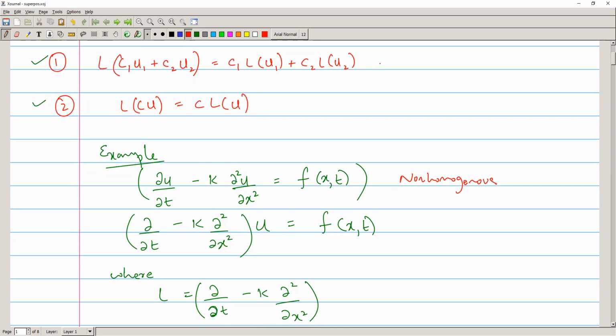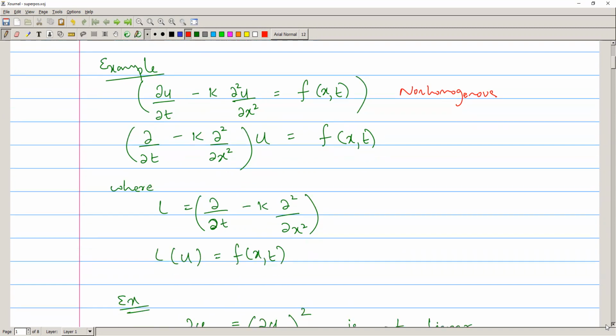The first condition is L(c1u1 + c2u2) = c1Lu1 + c2Lu2. So we have learned this before in the lessons of linear algebra in the topic of linear transformation, right? So the idea is the same here.